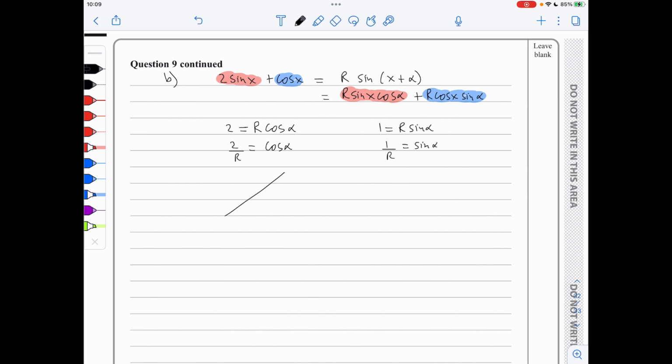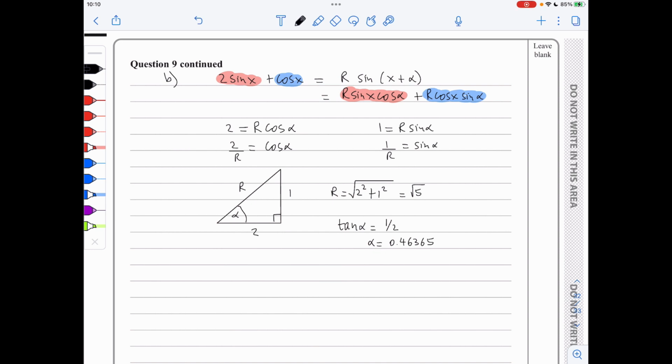I will draw a triangle here, and the alpha is here. It's a right angle triangle, so 2 over R for the cos, 1 over R for the sine, and we get through Pythagoras that R is the square root of 2 squared plus 1 squared, which is of course root 5, and also tan of alpha is 1 over 2, which means that alpha turns out to be 0.46365.